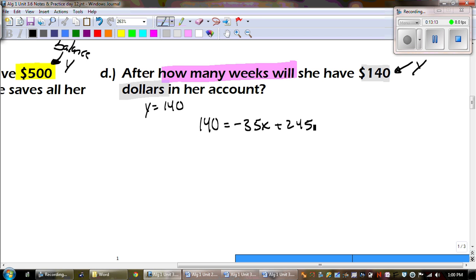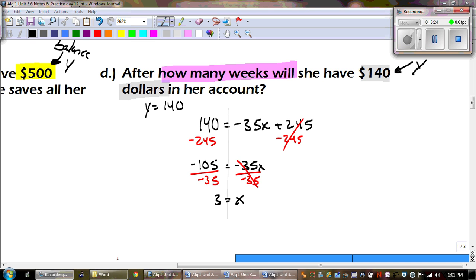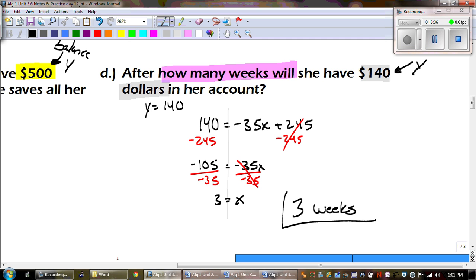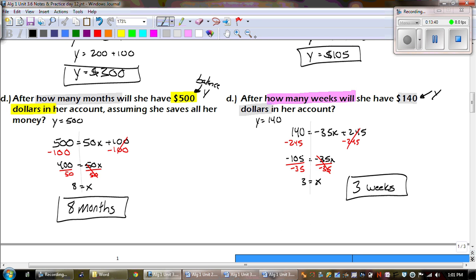And you guys are all on your own. So go ahead and pause the video and good luck. Okay, now you have to be very careful with your negatives here, and you should have gotten that 3 equals x, which means 3 weeks. Okay, let's flip it over.